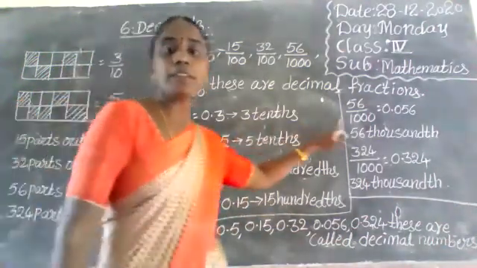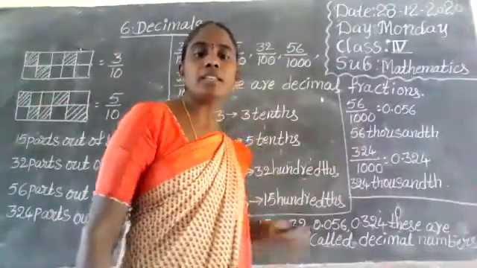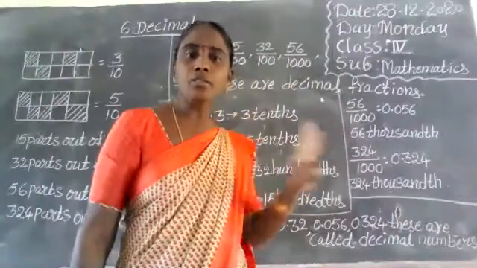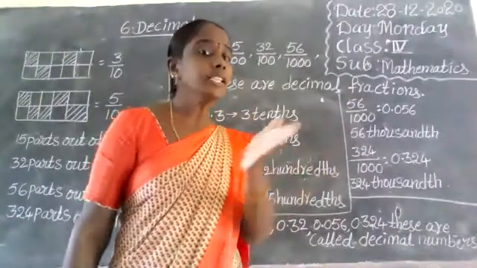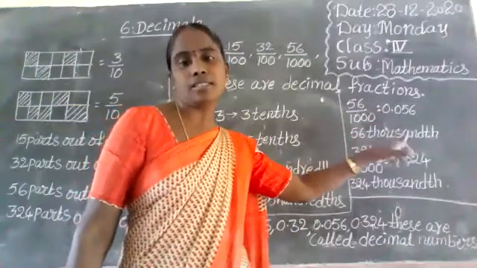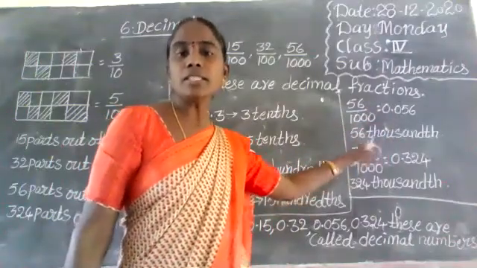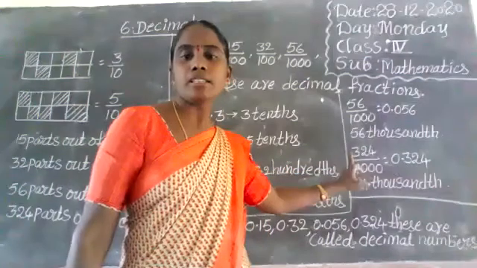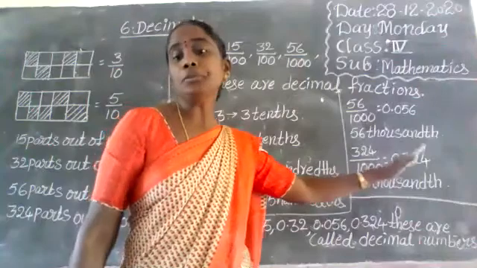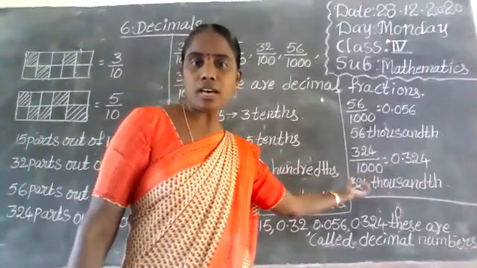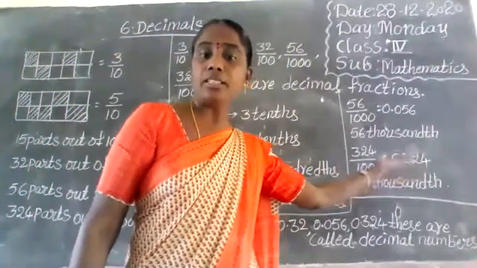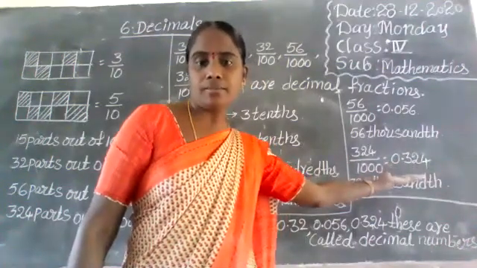1, 5. We have to read digit-wise. Don't read 15. Next, 56 by 1000. In 1000, 3 zeros are there, so we have to write the point after 3 digits, 0.056. Next, 324 by 1000. In 1000 also 3 zeros are there, so we write the point after 3 digits, 3 places.